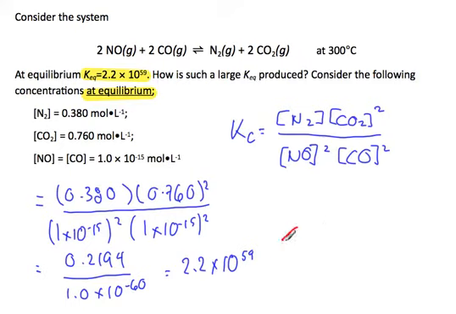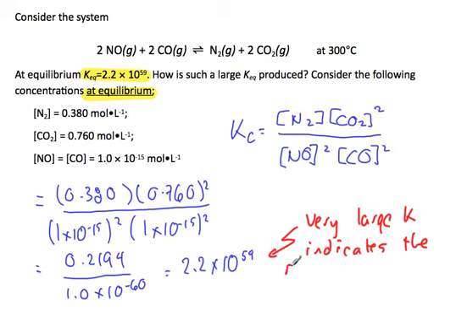And it should make sense because our concentrations of reactants are very small. Nitrogen monoxide and carbon monoxide, 10 to the minus 15 moles per liter. That's nothing. So really, a very large k tells us the reaction favors products.